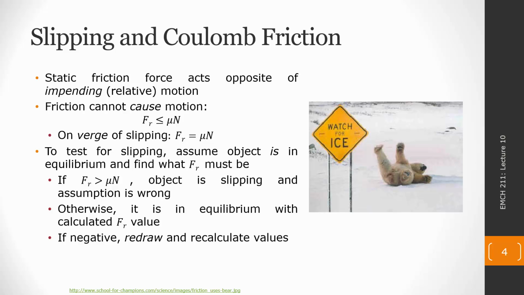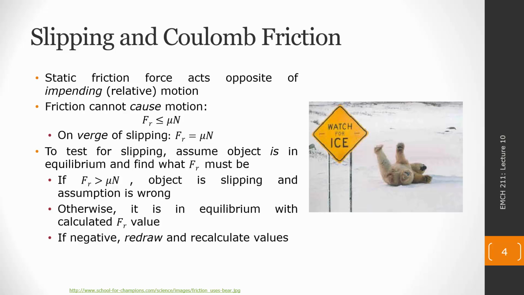Now, sometimes it's not necessarily clear what direction a system wants to move in, so the direction of impending motion may not be obvious. Therefore, if we don't know the direction of the impending motion, we won't know the direction that the friction force should point.